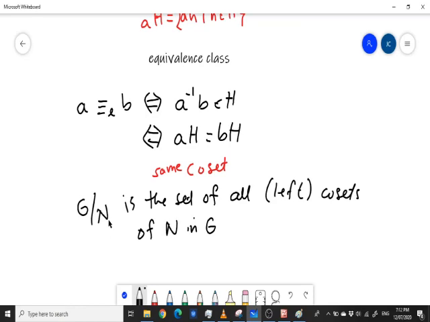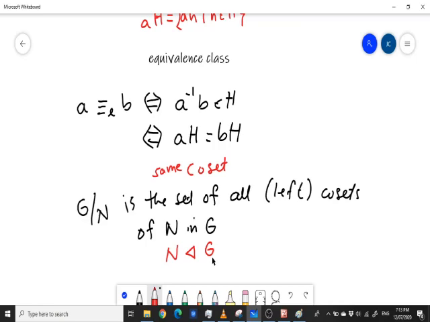So n is normal in G. I haven't really discussed normality yet. Does a subgroup have to be normal for the left and right cosets to coincide, or for the left cosets and the right cosets to have the same elements?